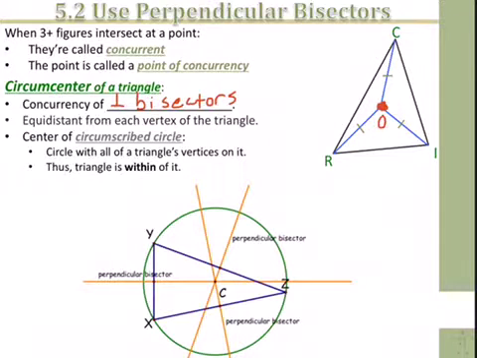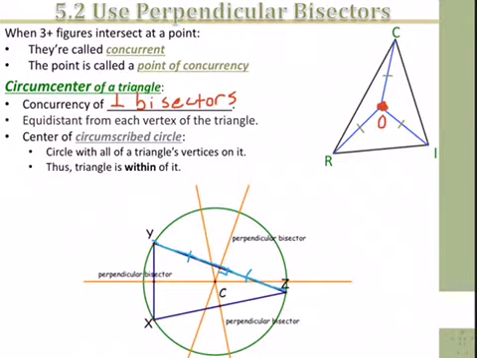Take a look at the triangle on the bottom. YZ is being intercepted by this orange line that we're being told is a perpendicular bisector. So what that means is this part's going to be congruent to this one, we have a right angle there, that's cool.